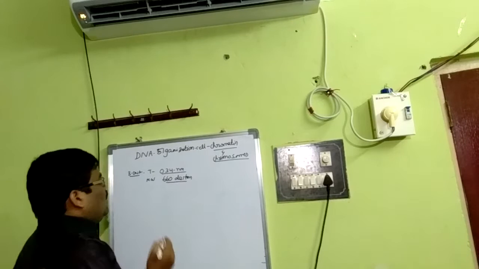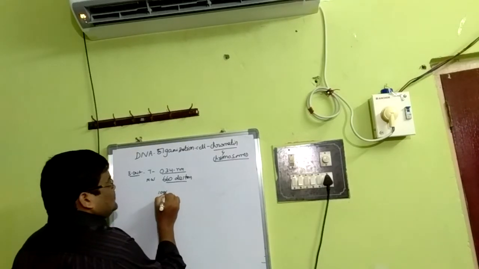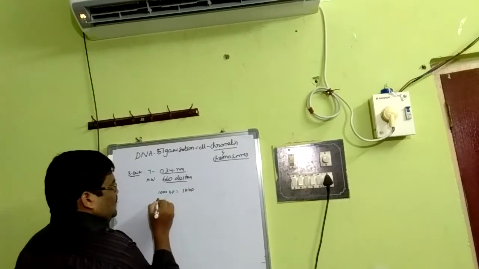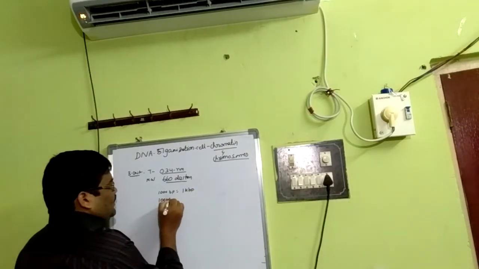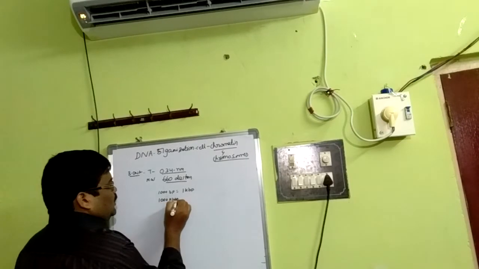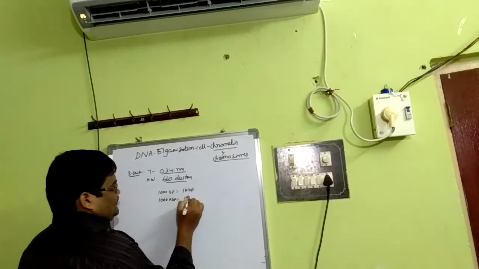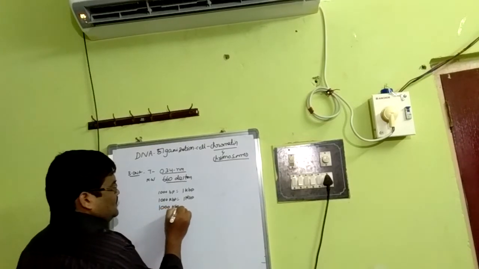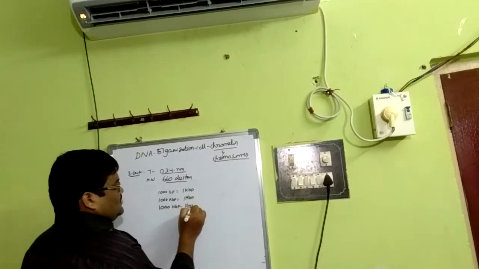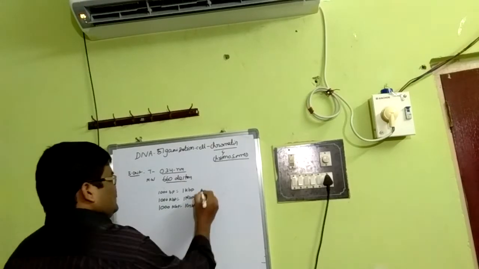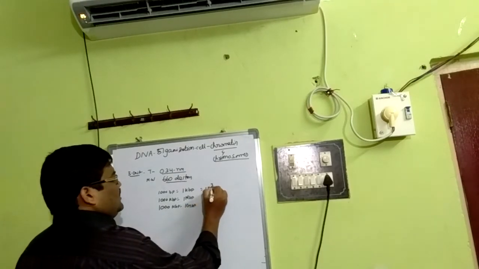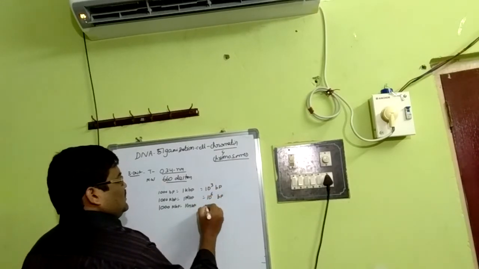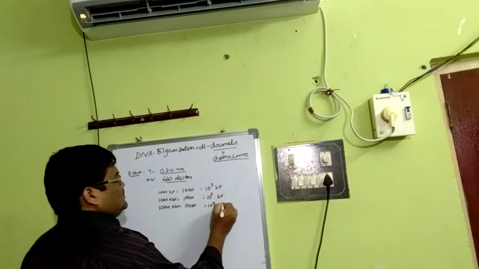Say for instance, 1000 base pairs equal 1 kilo base pair, 1000 kilo base pairs equal 1 mega base pair, and 1000 mega base pairs equal 1 giga base pair. Otherwise, it is 10 to the power of 3 base pairs, 10 to the power of 6 base pairs, and 10 to the power of 9 base pairs.